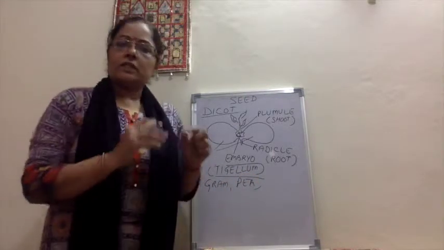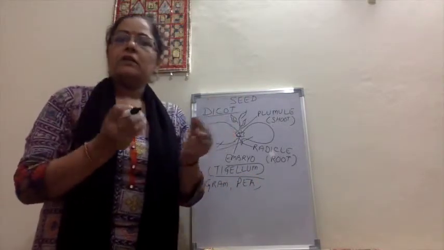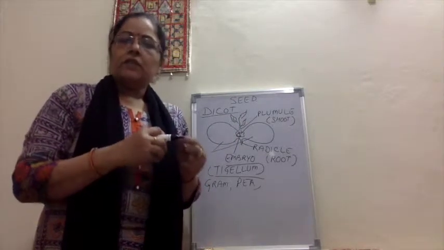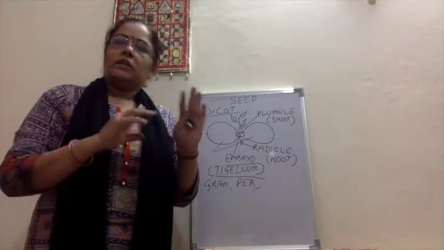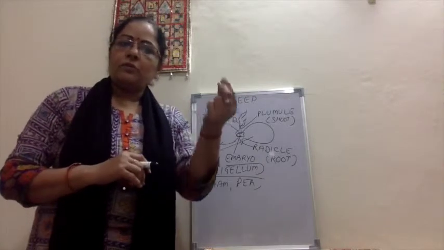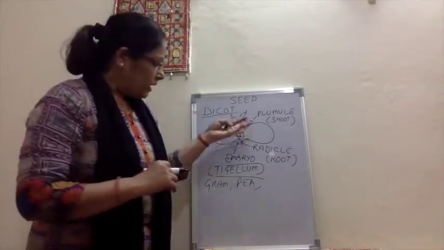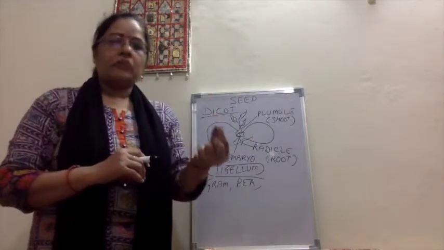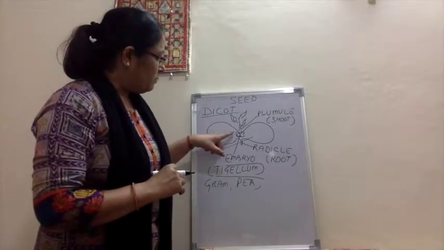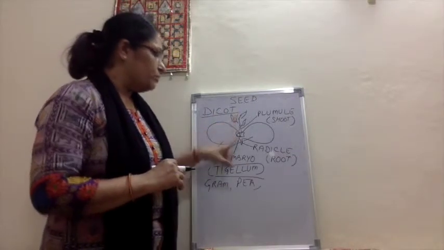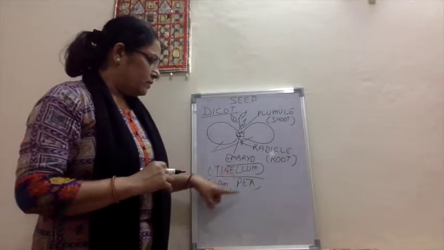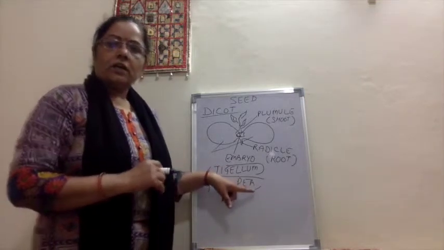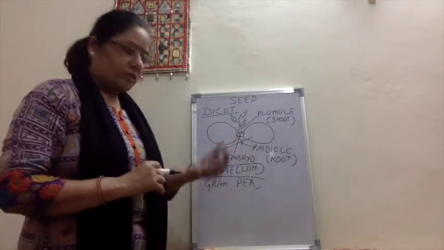We can very well see in a pea, when we open the pea seed, the two cotyledons, a small protruding caruncle at the micropylar end, and in between there is the embryo, plumule and radicle.